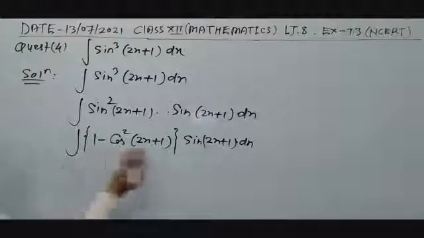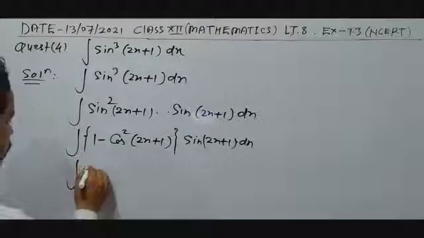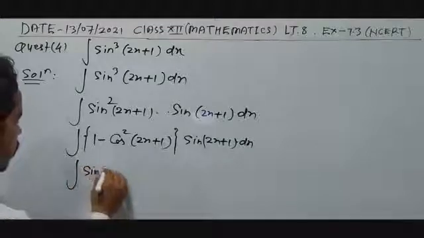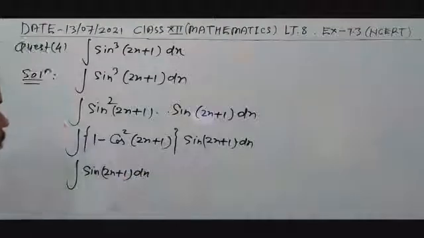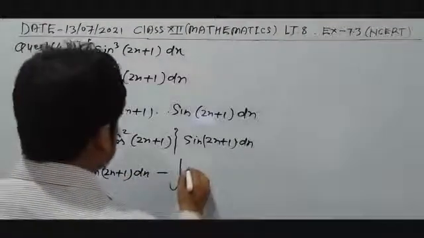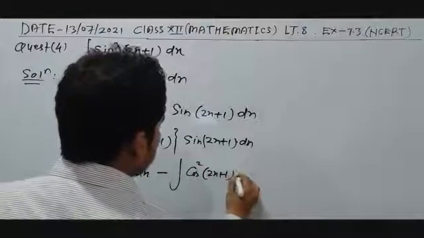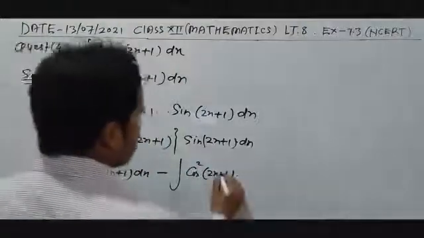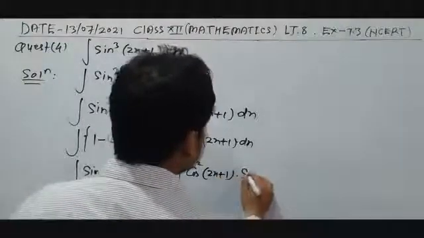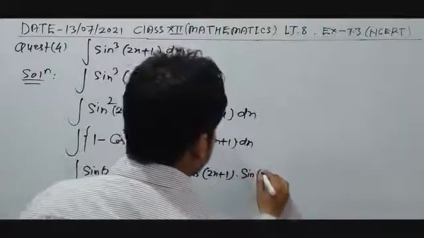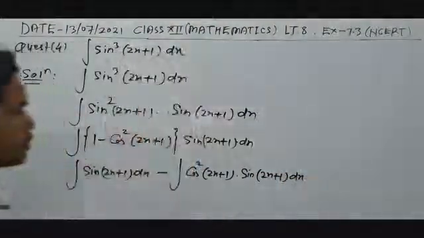Multiplying here, the result will be integration of sin of 2x plus 1 dx minus integration over cos square of 2x plus 1 into sin of 2x plus 1 dx.